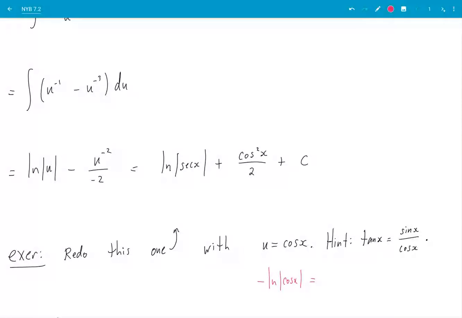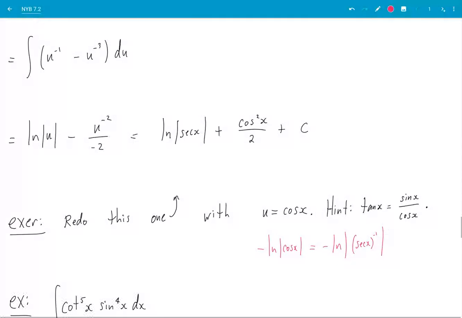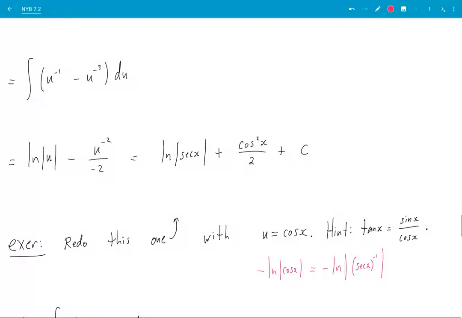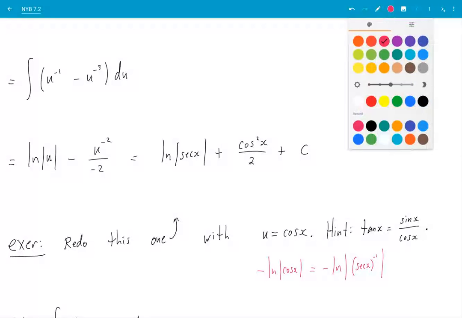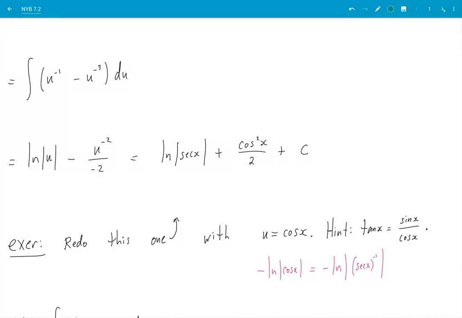Okay, but what is that? You just need to notice that this is ln of secant x to the minus 1. Now you'll remember your old trusty log rule that says that this exponent can move down in front, right?